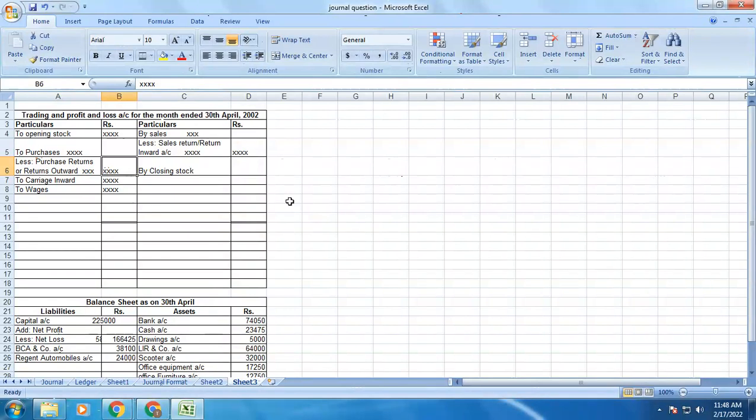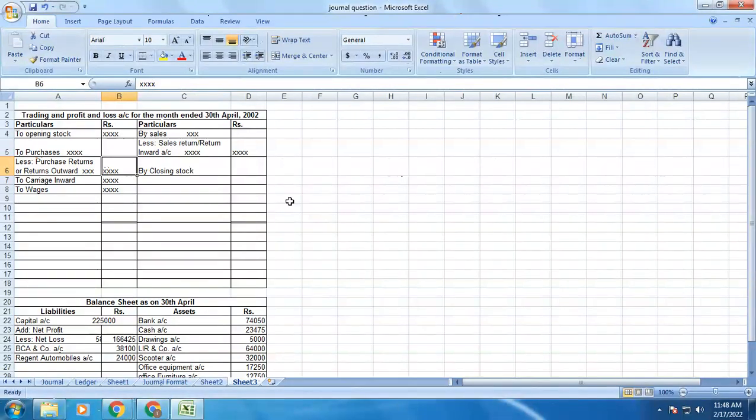So whatever product gets returned gets recorded in the sales return account or the return inwards account. So that is why this particular amount has to be deducted from sales because this is product that was sent to the customer but for some reason they didn't like it, so this sale never happened. ओके, सो वो कैंसलेशन इफेक्ट देने के लिए हम उसको यहाँ पे डिडक्ट करते हैं. नाउ ऑन द राइट हैंड साइड आई एम गोइंग टू राइट डाउन बाय क्लोजिंग स्टॉक.